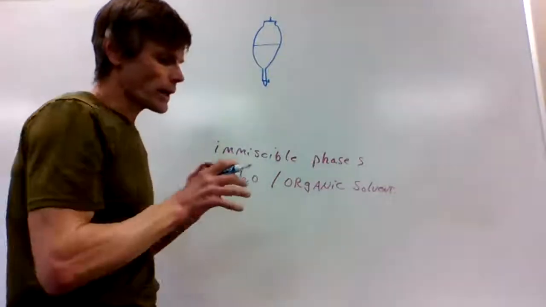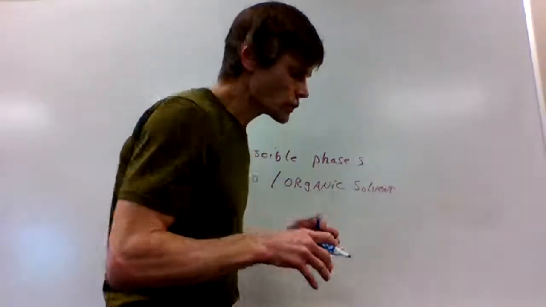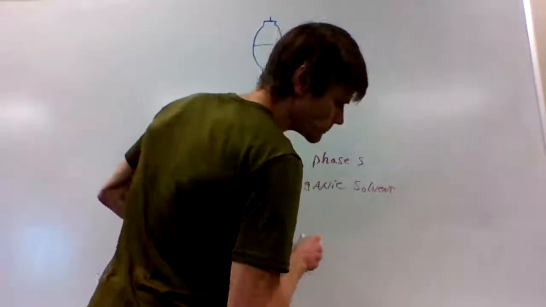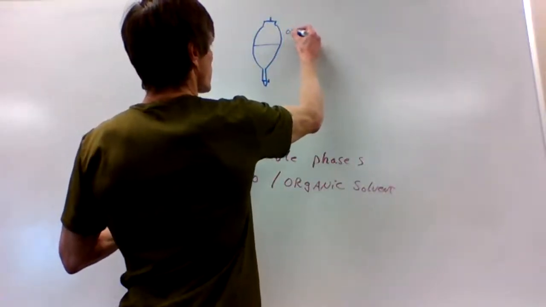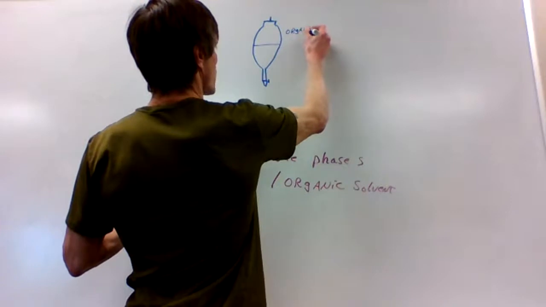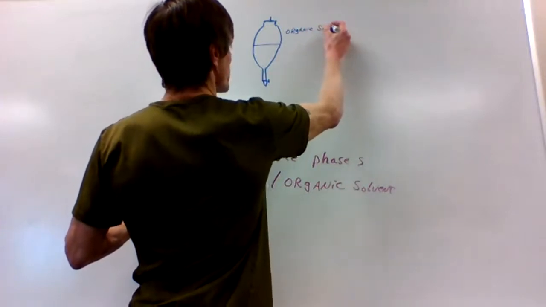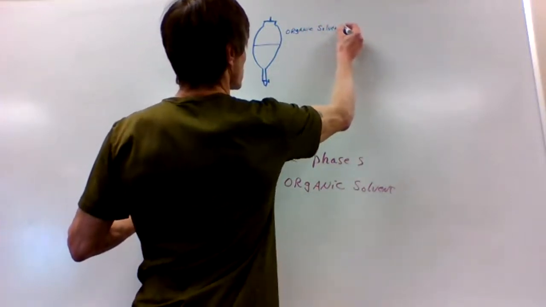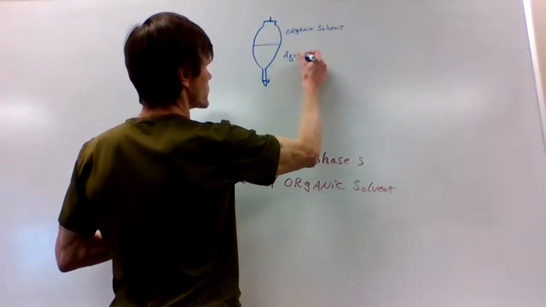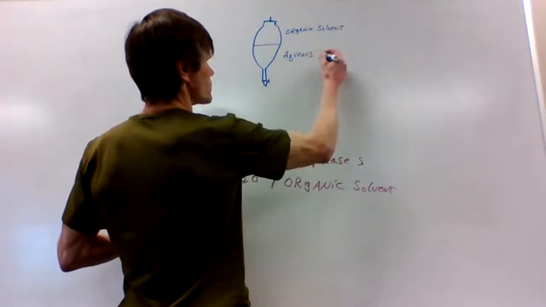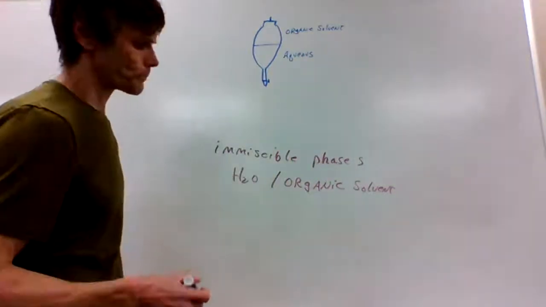And we're going to look at a situation in which our organic solvent sits on top, is less dense than our aqueous phase, and our aqueous phase, which is more dense, sits on the bottom.